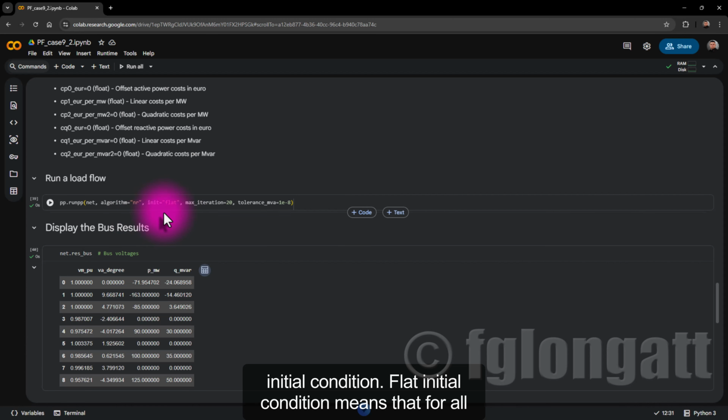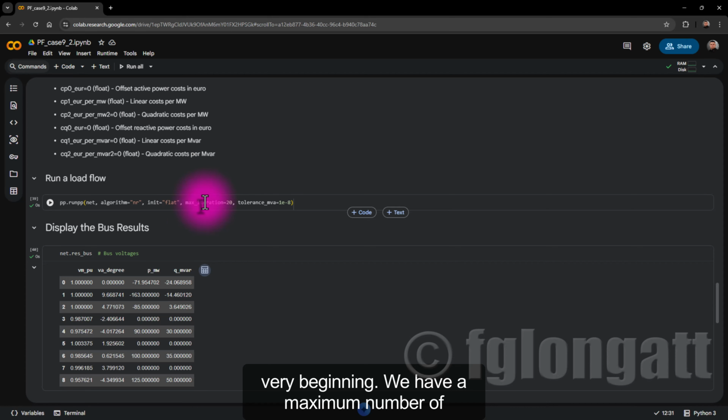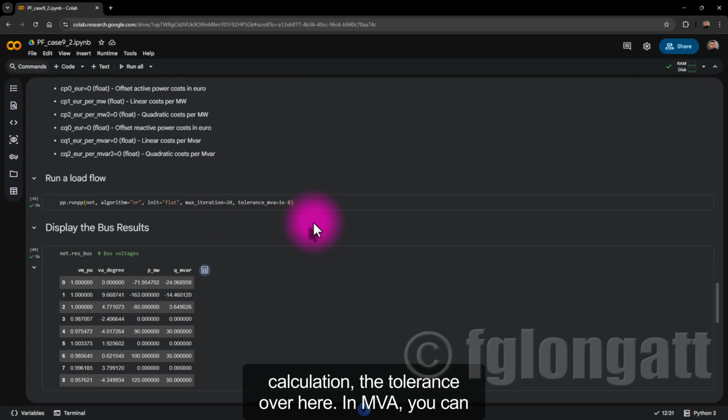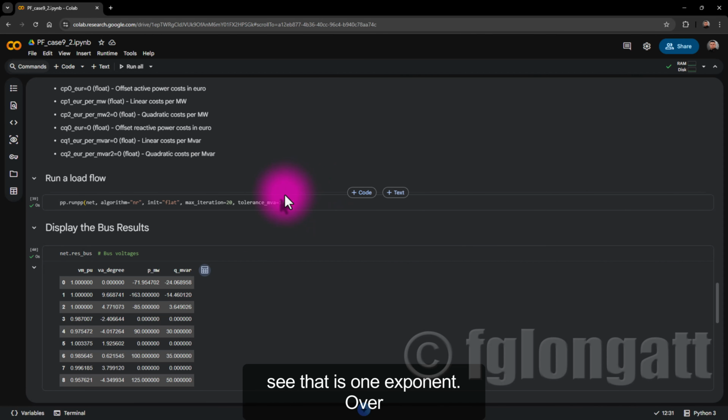Flat initial condition means that for all the voltages, we are assuming 1 per unit at the very beginning. We have a maximum number of iterations of 20 and also a very low error for the calculation. The tolerance over here in MVA, you can see, is 1 exponent minus 8.